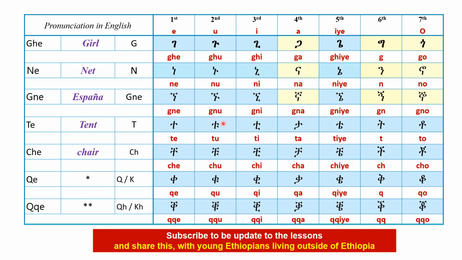Te, tu, ti, ta, tie, t, to. Che, chu, chi, cha, che, ch, cho. Ke, ku, ki, ka, ke, k, ko. Khe, ku, ki, ka, ke, k, ko.